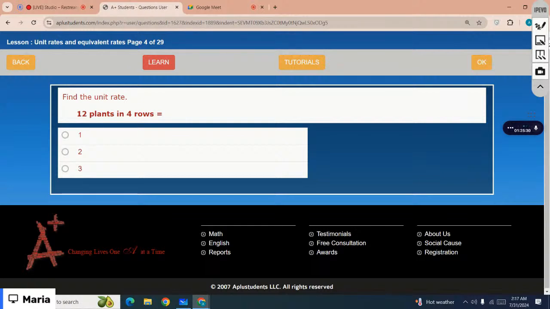Find the unit rate: 12 plants in four rows. So how many plants in one row?